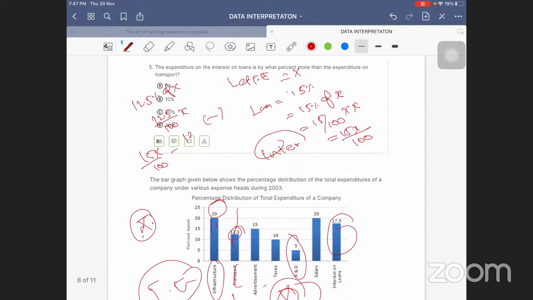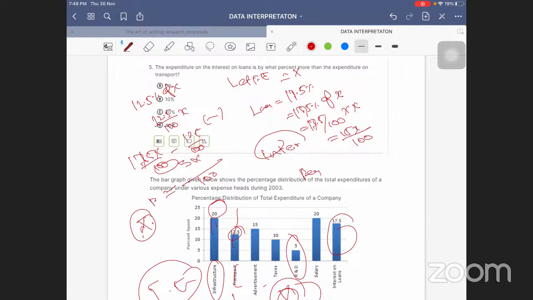Interest on loan is 17.5, so 17.5X minus 12.5X, divided by the same number 100, so we can write a single 100. So 17.5 minus 12.5 is 5X. Okay, so the answer is 5X.